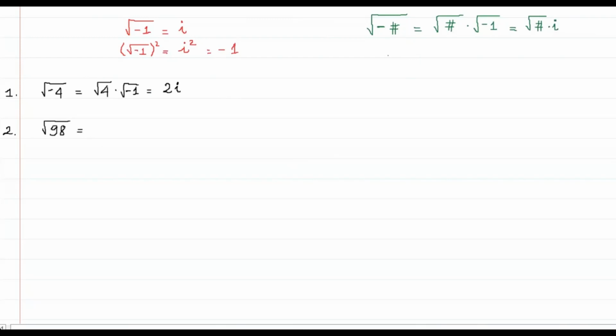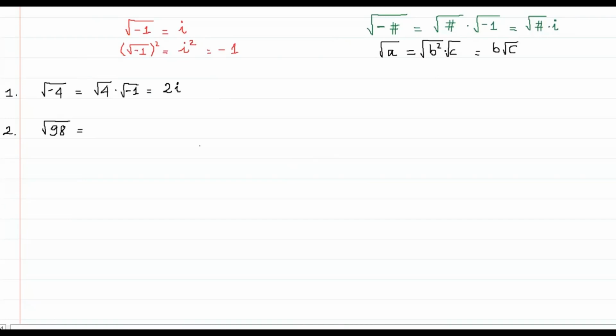You can have a number A equal to B squared times C, so that it is easier to break down under the square root, and then you have B times the square root of C. So we have to think about what number B and number C are.